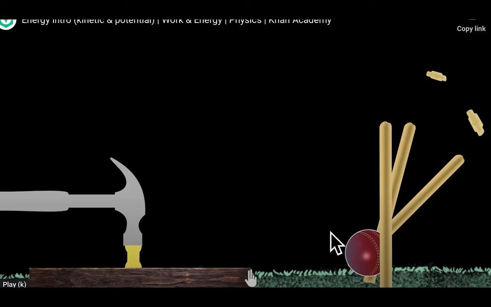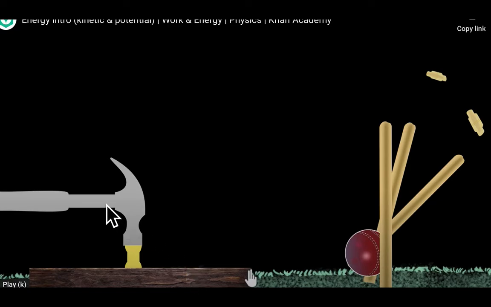We throw a cricket ball and then this moving cricket ball hits the stumps. Means it does some work. Or consider another example. We have a cardboard and a pin over here. When we release a hammer on it, the pin goes into the cardboard.